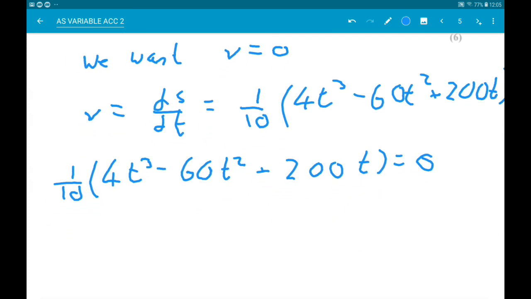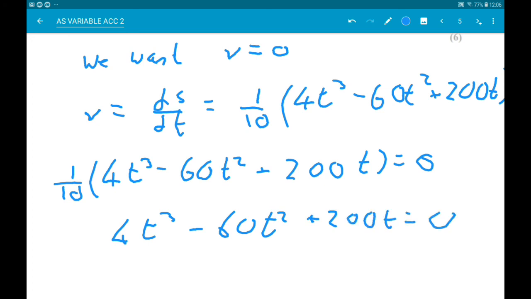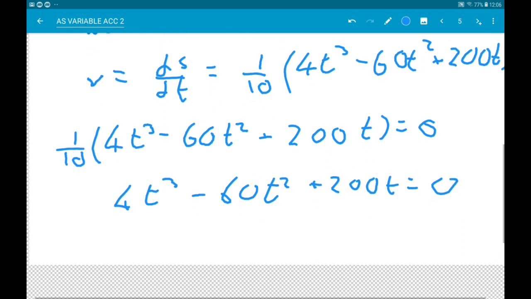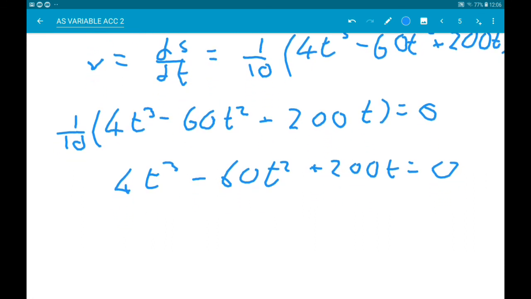So then we got 4t cubed minus 60t squared plus 200t is equal to 0. Now we can also divide through by 4, so we get t cubed minus 15t squared plus 50t is equal to 0.